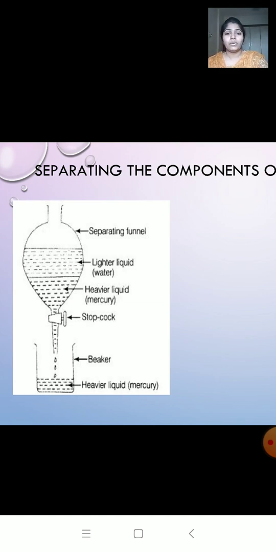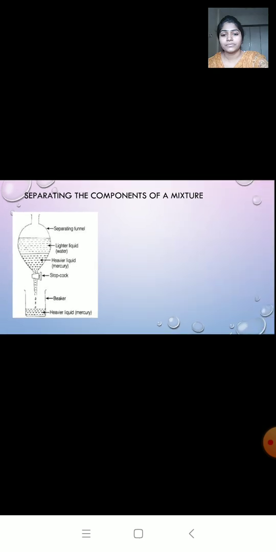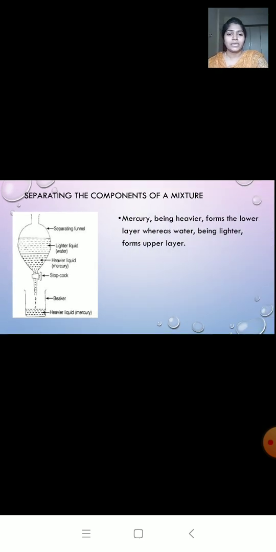We will open the stopcock. First, mercury, which is the lower layer, will be collected. Once the whole mercury is collected, turn off the stopcock or tap, take a new beaker and collect the water. So in this, mercury, being heavier, will form the lower layer, and water, being lighter, will form the upper layer.